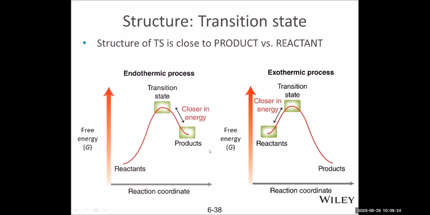Therefore, according to the Hammond postulate, the structure of the transition state, even though we cannot really see it or catch the structure, is closer to the product than to the reactant. So the transition state must be closer to the structure of the product than to the structure of the reactant.